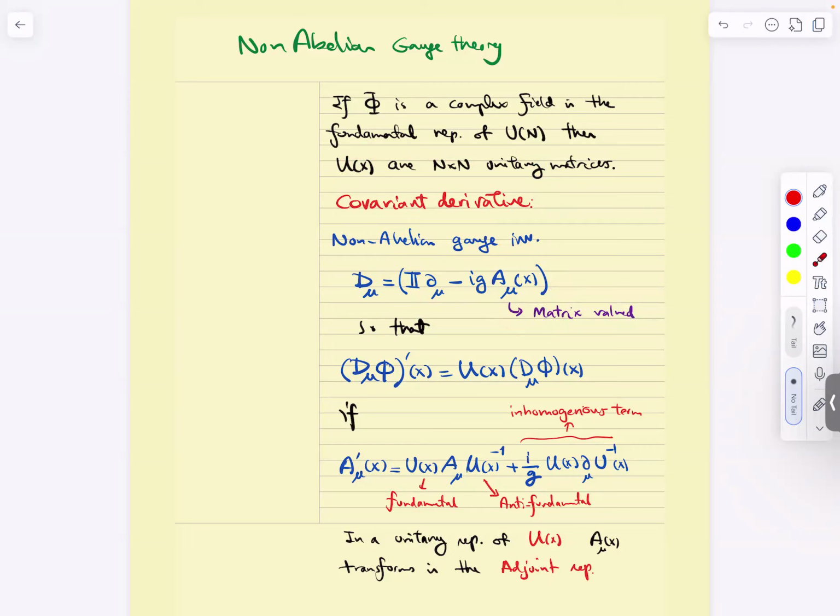So at every point in space, your gauge field is going to be matrix valued. If your fundamental is n dimensional, it's an n by n matrix.